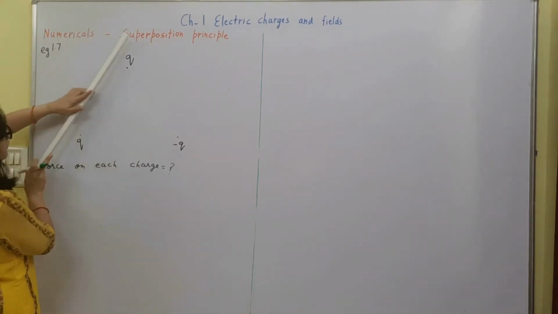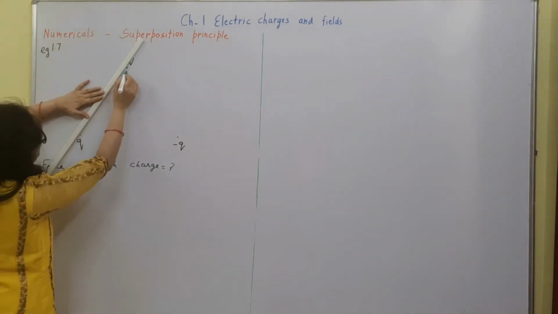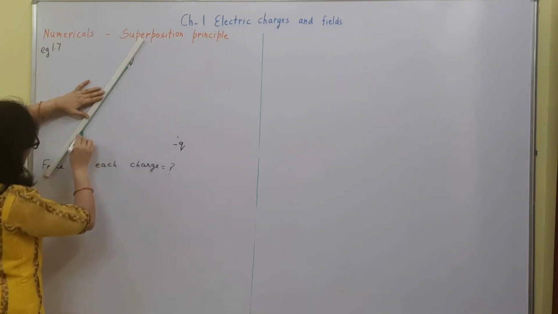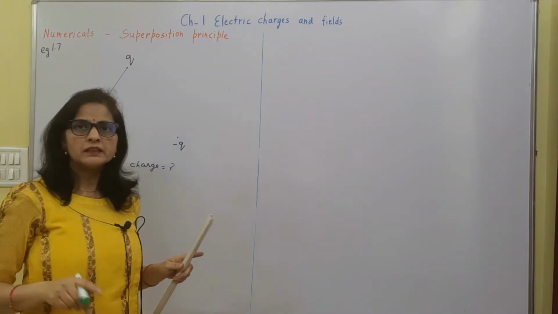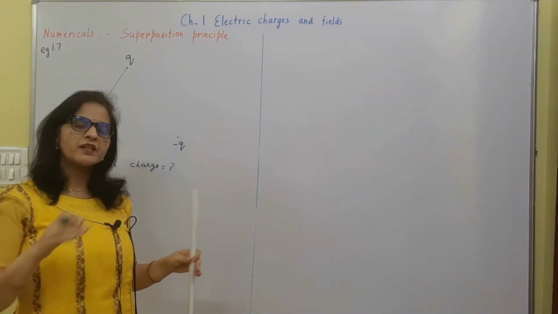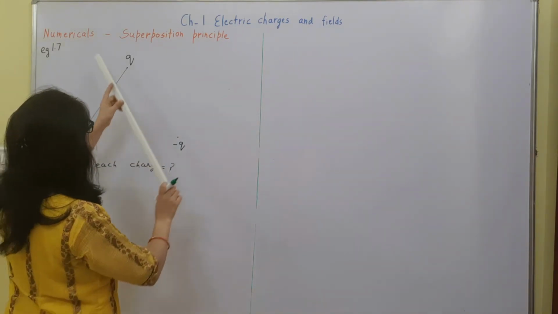So this is also an equilateral triangle. The first step while doing the questions based on superposition principle is always to mark the directions of the forces based on the attraction or repulsion as the case may be.